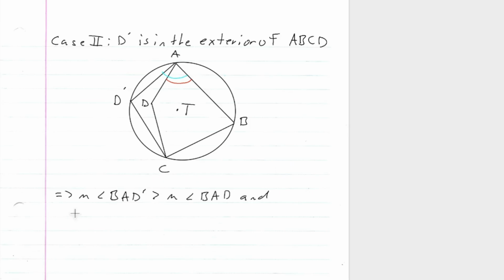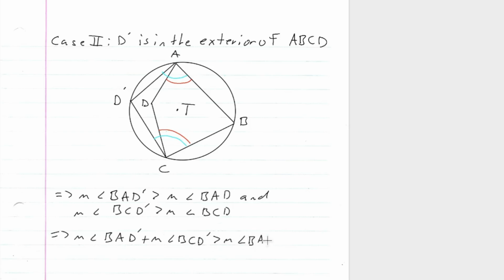And of course, the measure of angle BCD prime is going to be bigger than the measure of angle BCD. So this implies that the measure of angle BAD prime plus the measure of angle BCD prime is going to be bigger than the measure of angle BAD plus the measure of angle BCD.